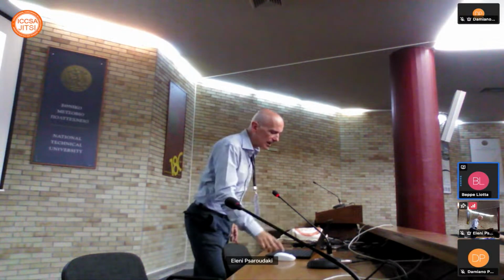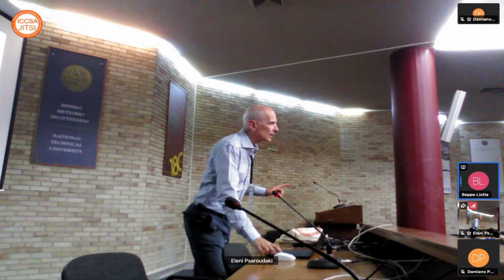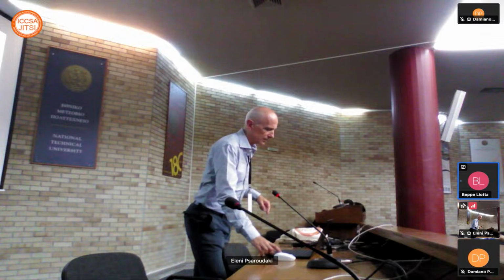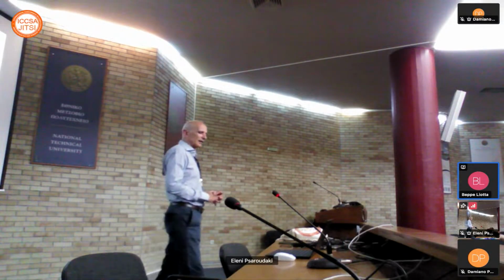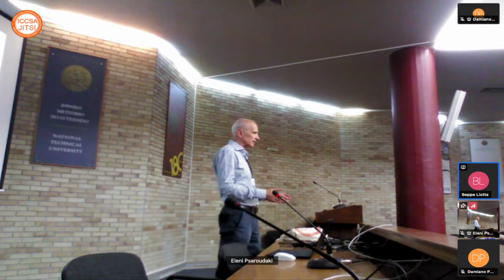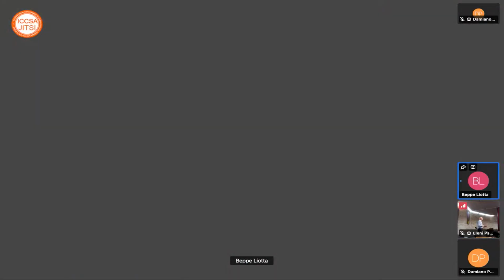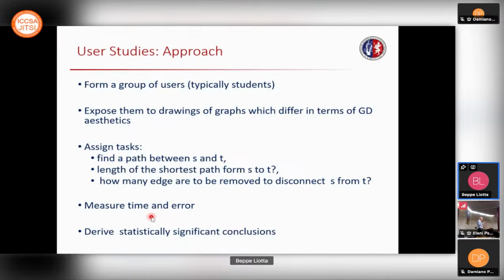And then user studies. Let me tell you some more about user studies, as I promised. The typical approach is this. You hire a group of students, form a group of users, they're typically students. Then you expose your users to different drawings of the same graphs.